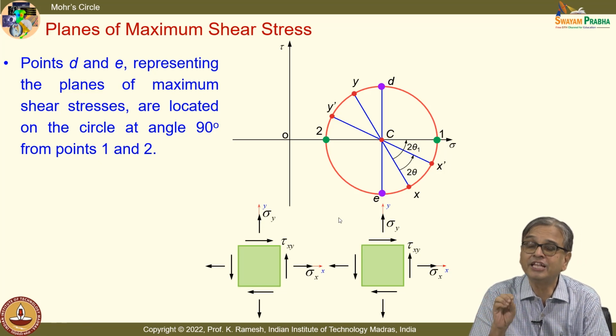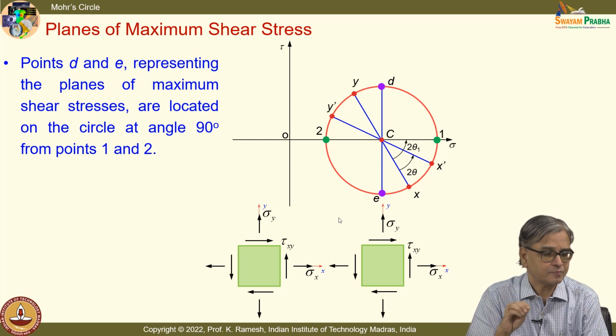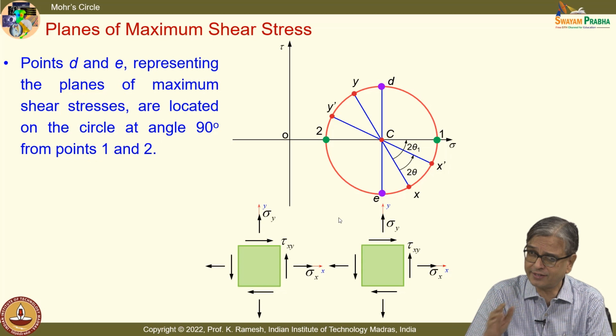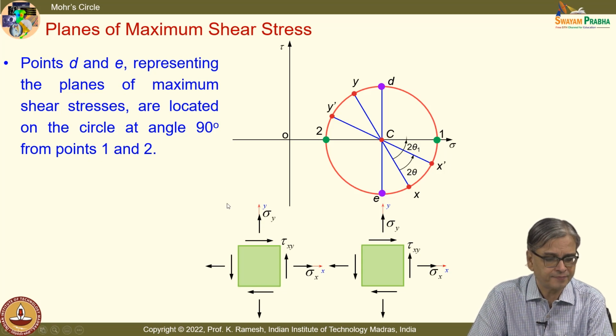Okay. But in general, only when you have normal stress, you can identify either 2 planes in 2 dimensions or 3 planes in 3 dimensions where the stress is wholly normal. So they are very important. Okay. So I have this at 90 degrees.